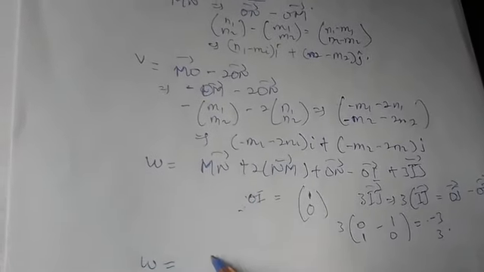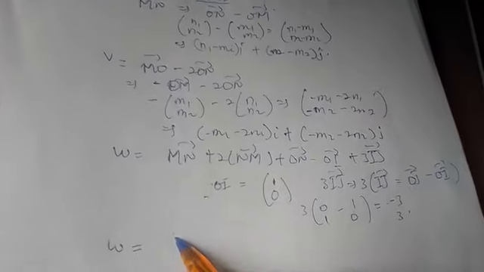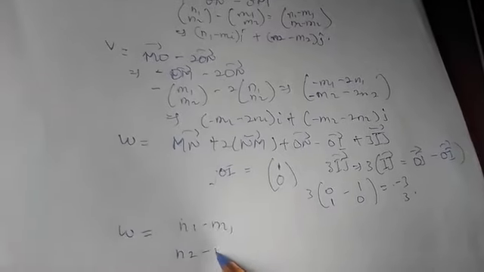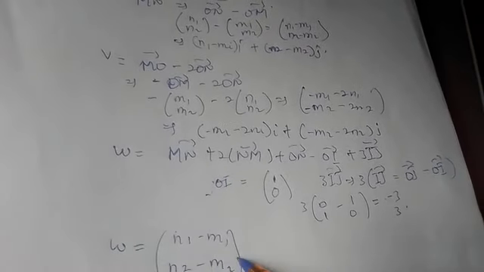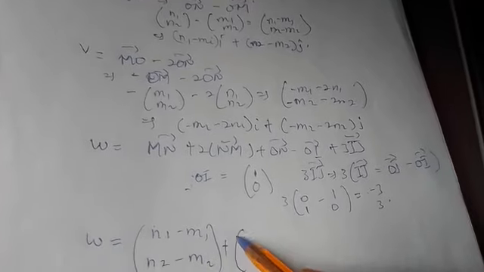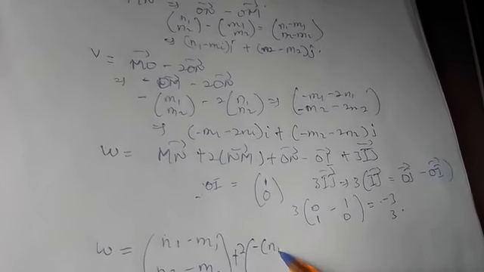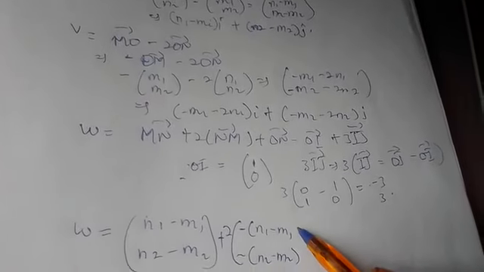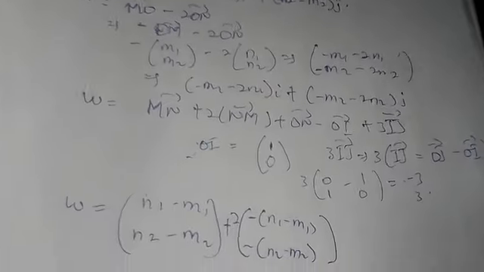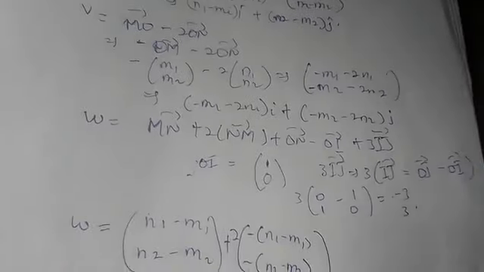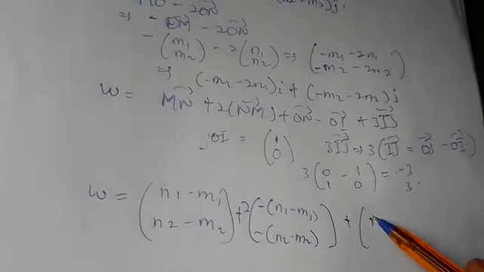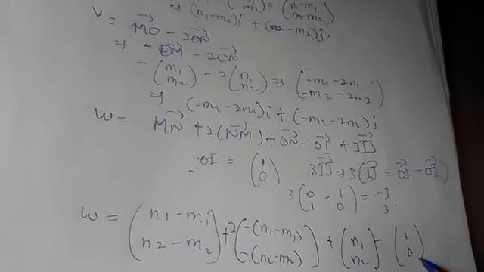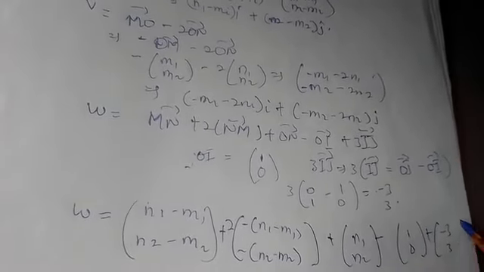My w is simply equal to my MN I got in the first place, (n1 minus m1, n2 minus m2) plus 2 multiplying negative of this, (n1 minus m1, n2 minus m2), and like this. Then after I go to plus ON, which is the same as the N coordinates, (n1, n2) minus my OI, which is (1, 0), then finally plus (negative 3, 3) as I have.